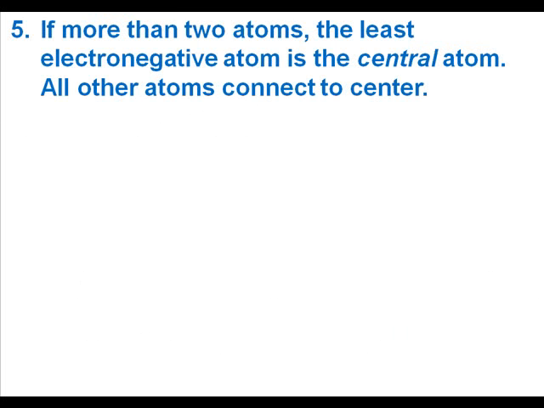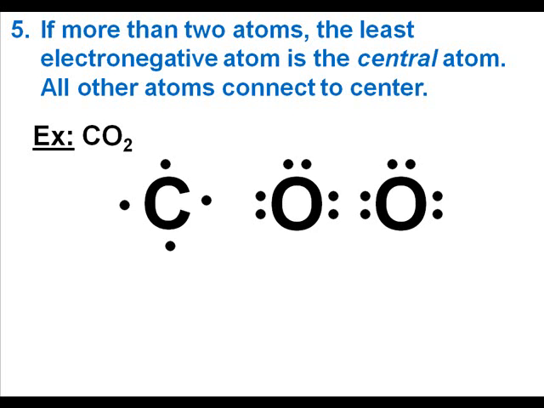What if there's more than two atoms involved? The least electronegative is always in the middle, and you connect everything from there. So if you take a look at CO2, carbon is the least electronegative. It has the least draw of it. You might also note that often the central atom is the single one.